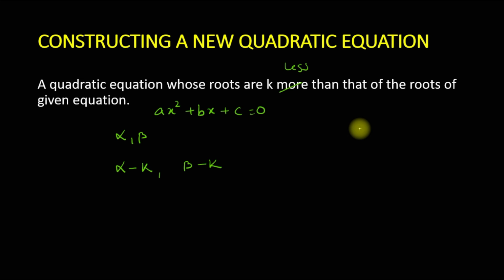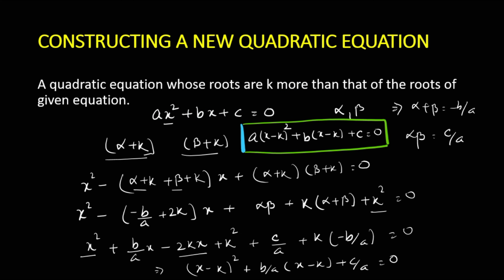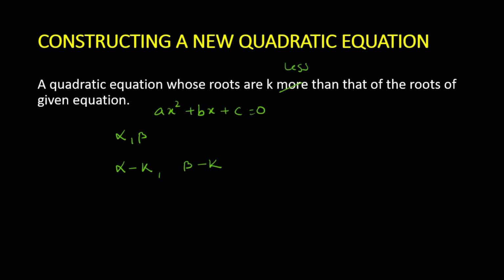Upon the same calculation, we put alpha plus beta and alpha into beta. We can say that if we put x plus k in place of x, we have the quadratic equation a(x plus k) square plus b into (x plus k) plus c is 0. This is a quadratic equation whose roots are k less than the roots of the quadratic equation ax square plus bx plus c.